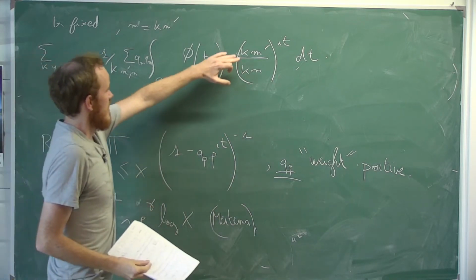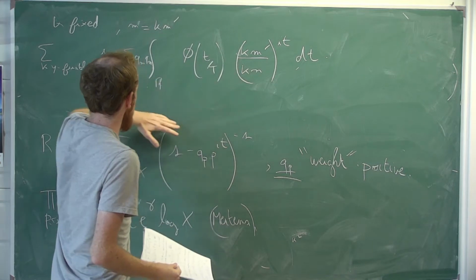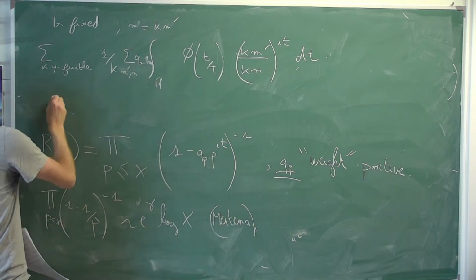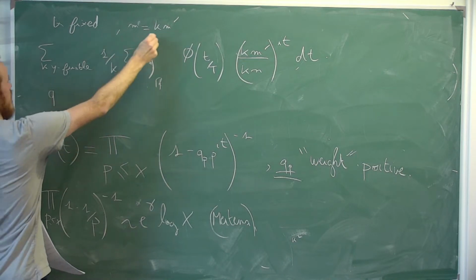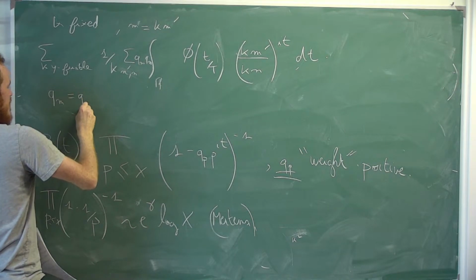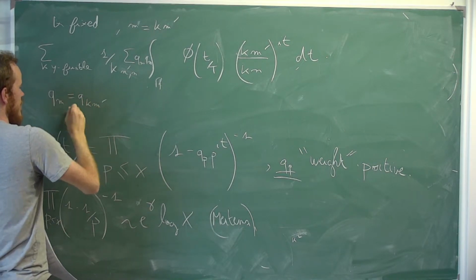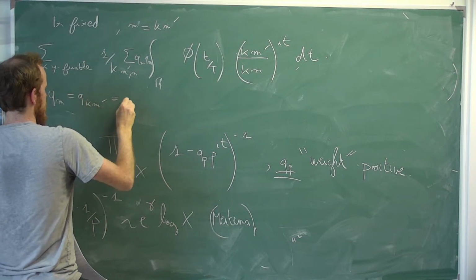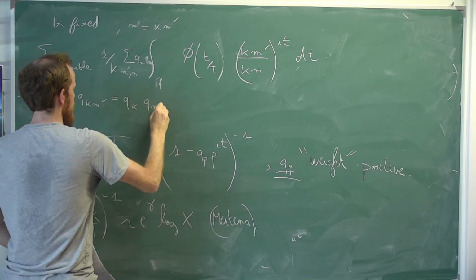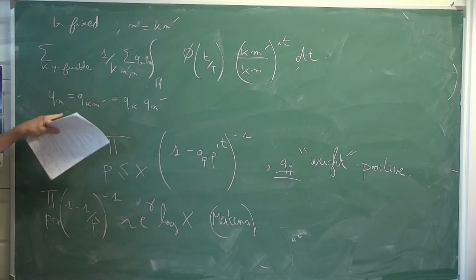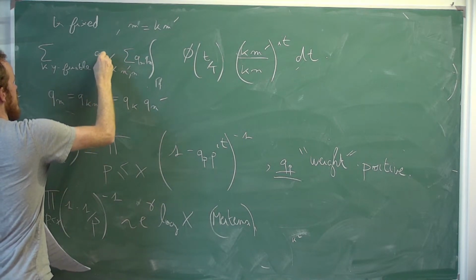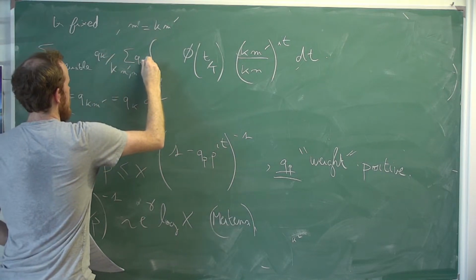So this k will cancel, but we choose the resonator in the multiplicative manner. So if you put m equals k m prime, q_m is just q_k q_m prime by complete multiplicativity. So actually here what appears is just q_k q_m prime.